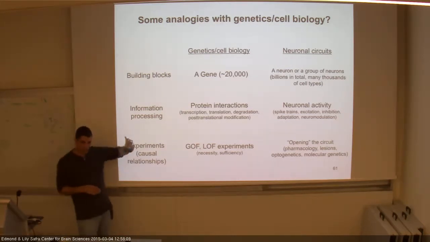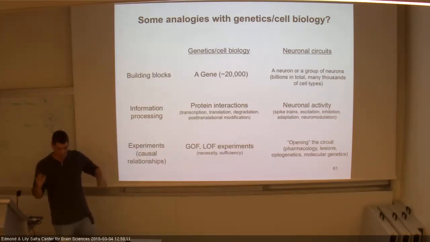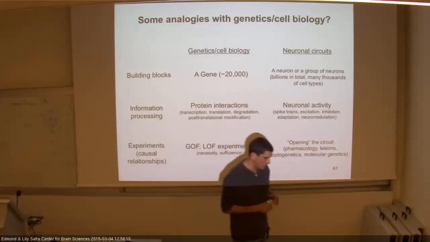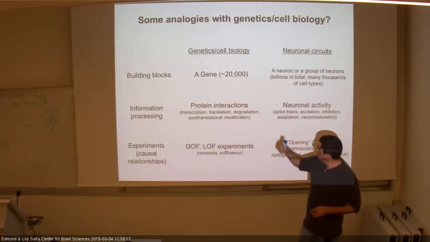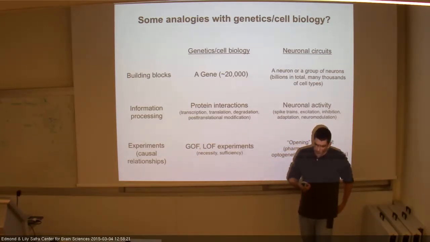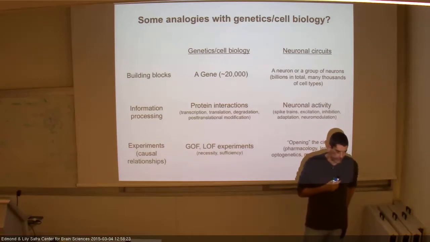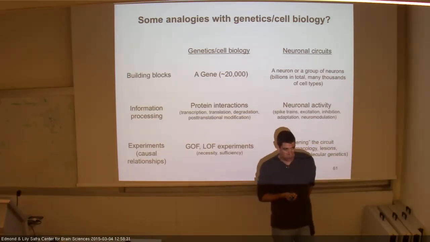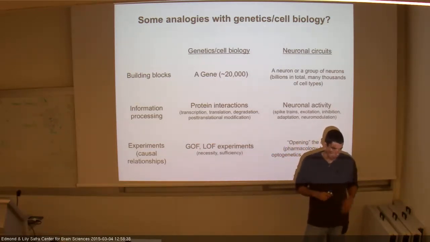I just want to take you a little bit to regular biology, if you will. Excuse my language, I come from biology. If we look at development or genetics or cell biology, in fact, we can learn as neuroscientists a lot on how to do experiments and what types of things we are interested in studying, because, frankly, they understand their system much better than we as neuroscientists understand ours.